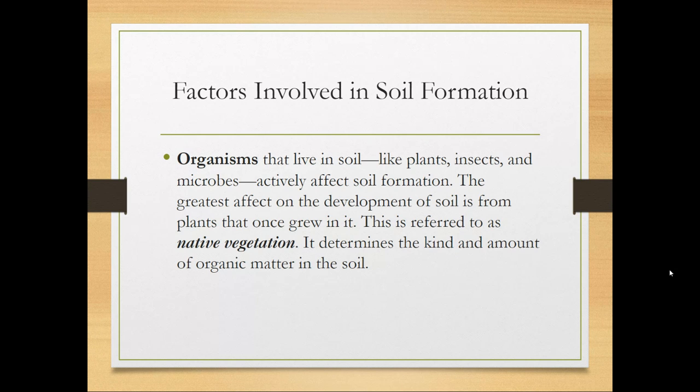So the plants that grow there are known as native vegetation, and their root systems are what really contribute to the formation of the soil and continue to keep that soil aerated and are probably the basis of that soil ecosystem.